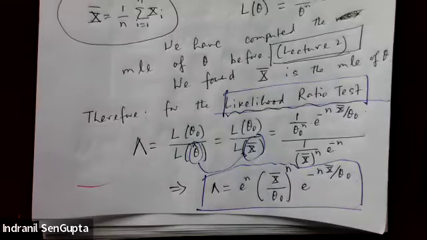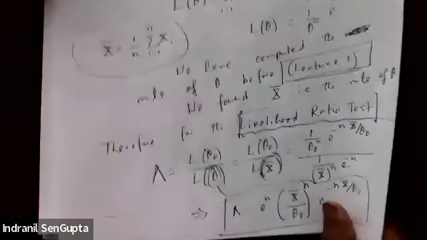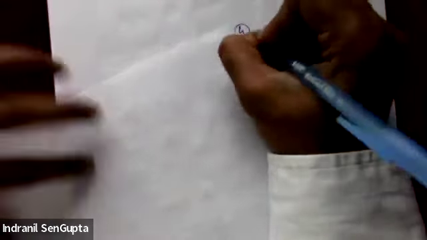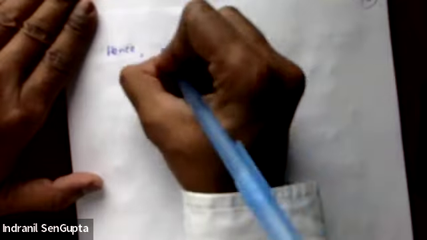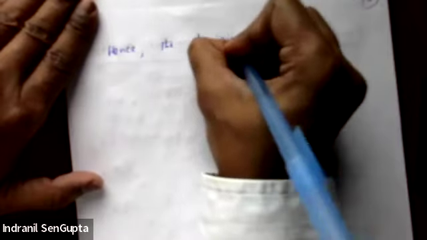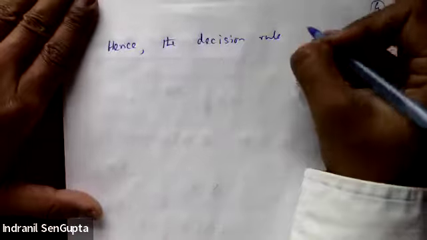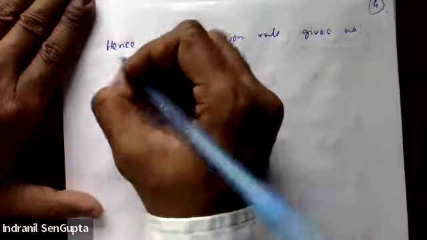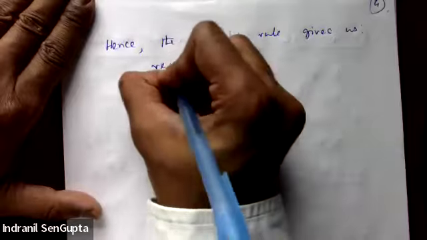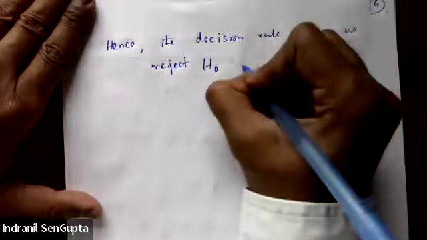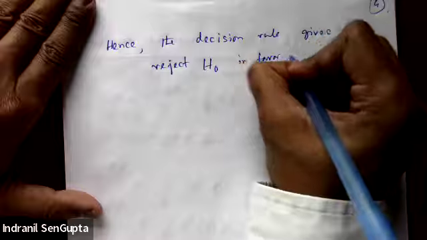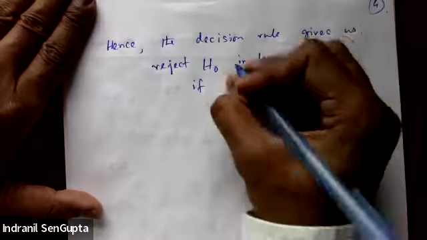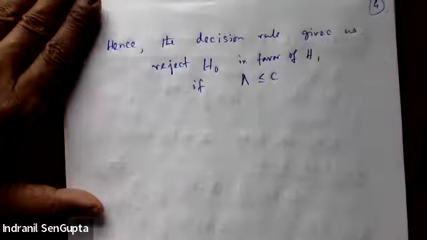Similarly, here the decision rule gives us that we can reject H0 in favor of H1 if lambda is less than C.